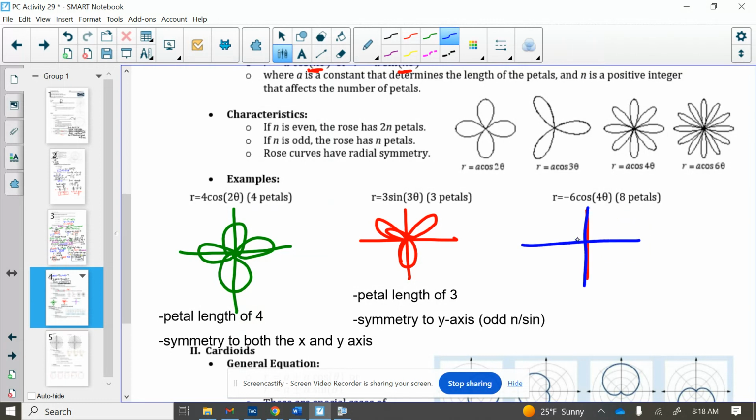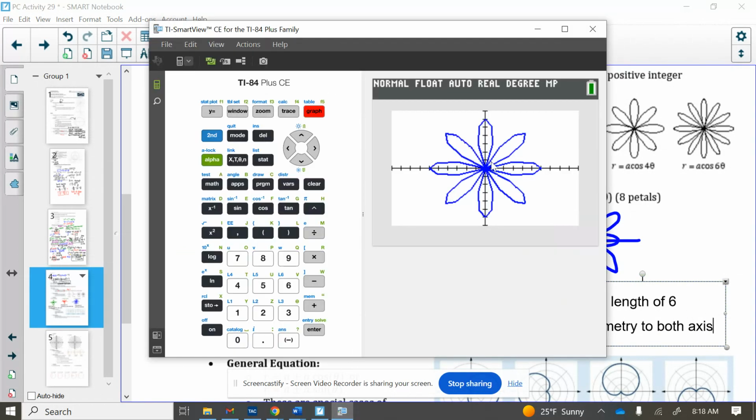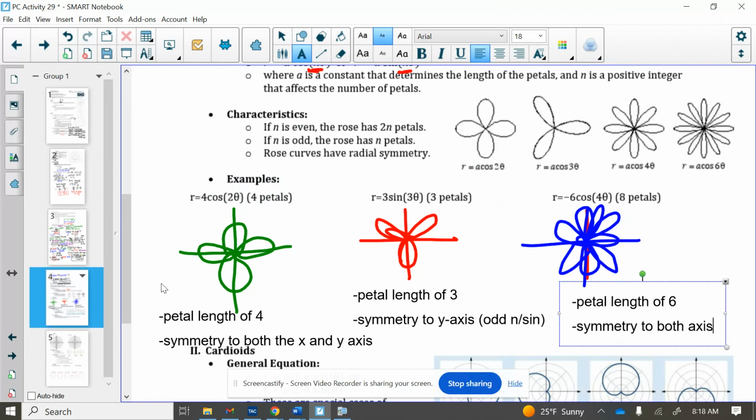We have the 1, 2, 3, 4, 5, 6, 7, and 8. So petal length on this would be 6. And we would have symmetry to both axes again, with that even nature. It didn't really matter if it was a cosine or a sine, because we have symmetry to both the y-axis and the x-axis this time.